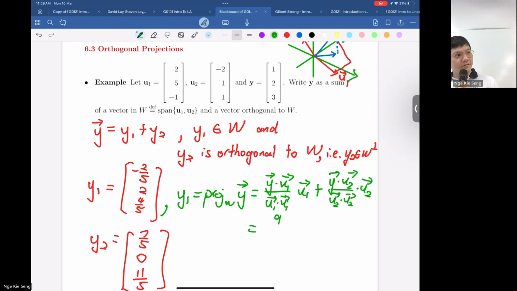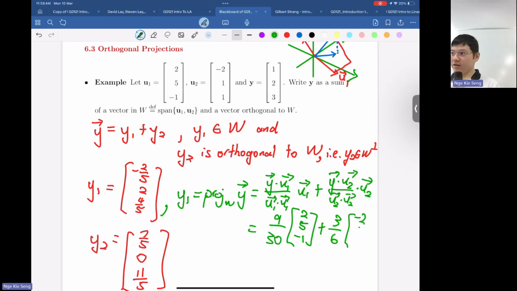Okay, so let's check one by one. We slowly check into the details. How about the scalar for y2? 3/6. Okay. Yuan Yuan, you got these two scalars or not? These two scalars you get the same.